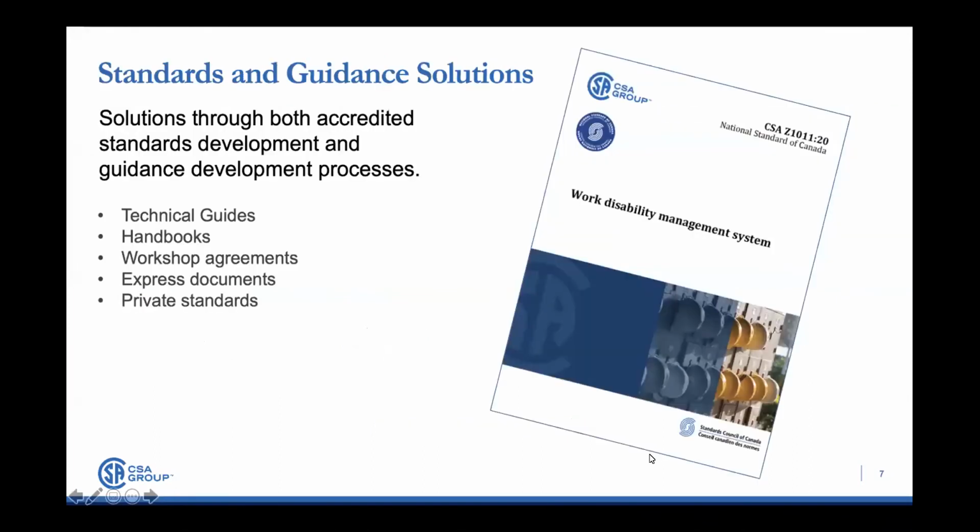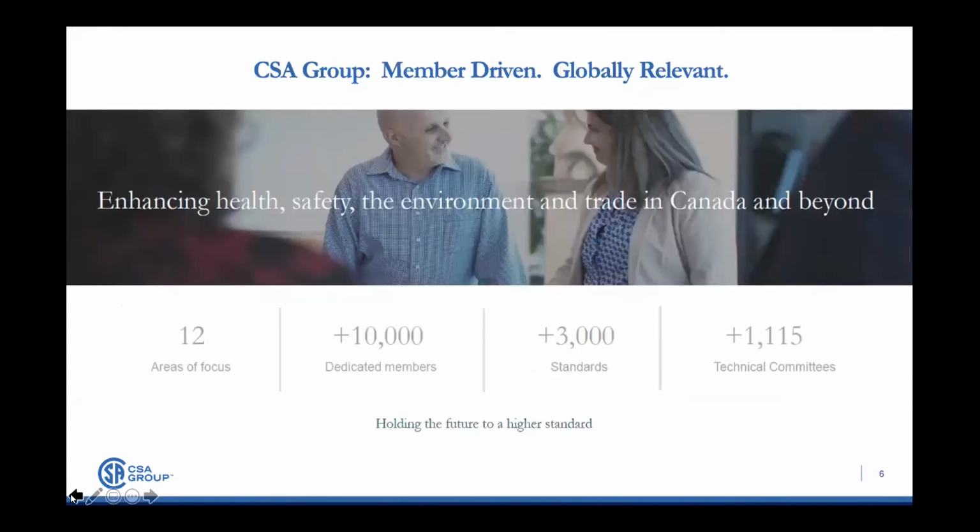We have over 12 different areas of focus at CSA Group, which include 54 different technology areas, probably higher than that now. We have over 3,000 standards, including the electrical code and other codes like the gas code, and over 1,000 technical committees. So on any given day, there are quite a number of volunteer members meeting and discussing things, and everything around you in your life is touched by our standards in some way or another.